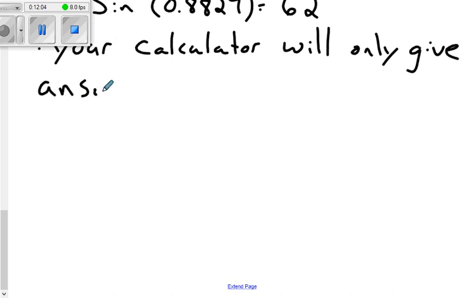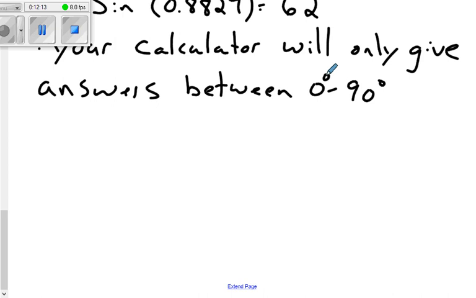Your calculator will only give answers in that range. It will never do it.